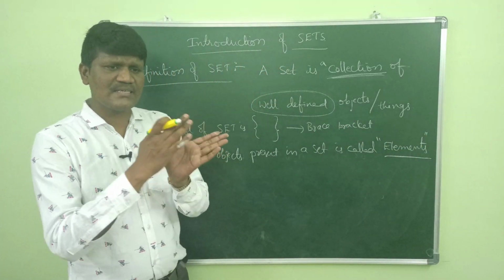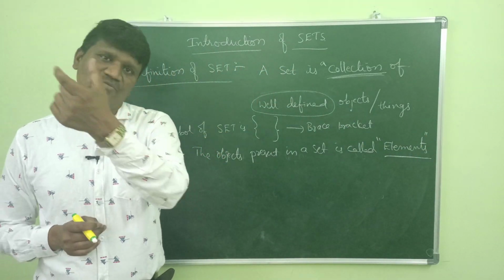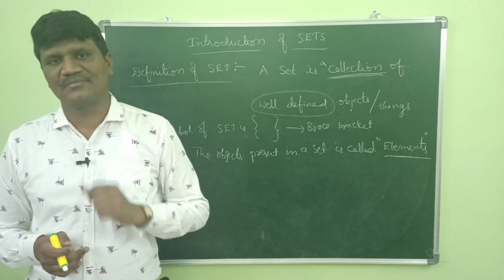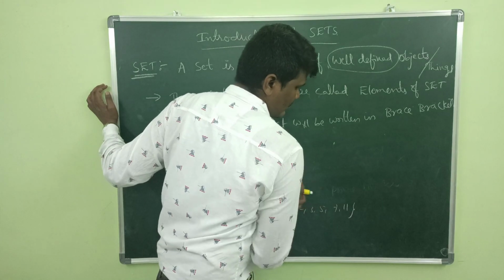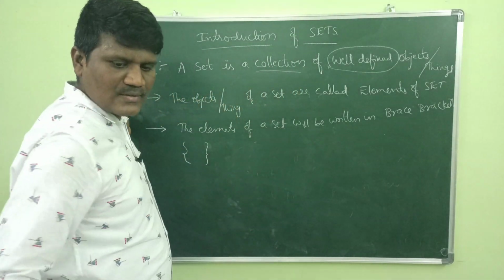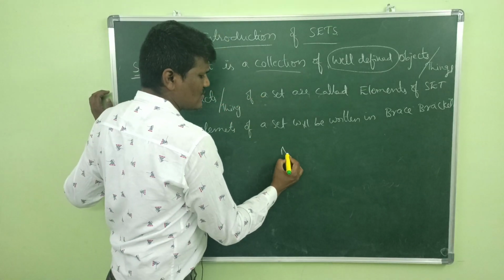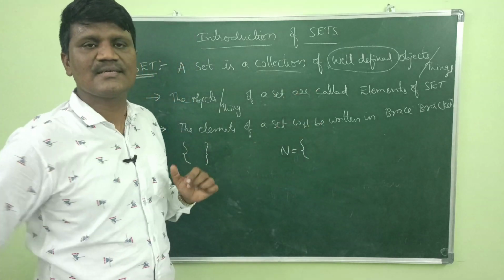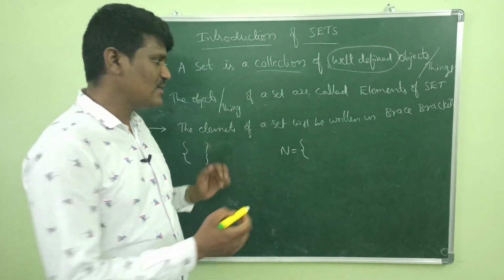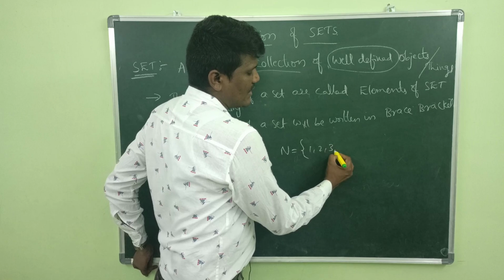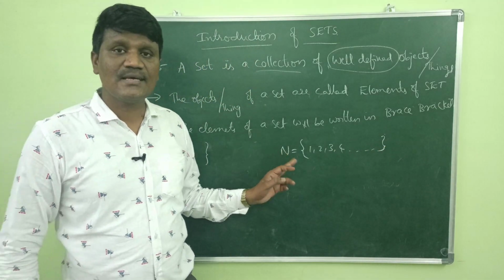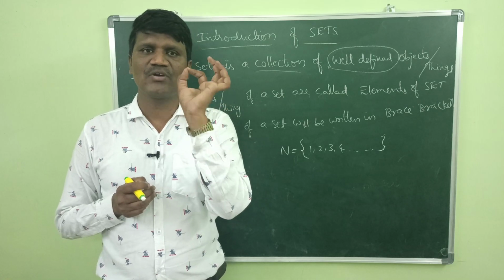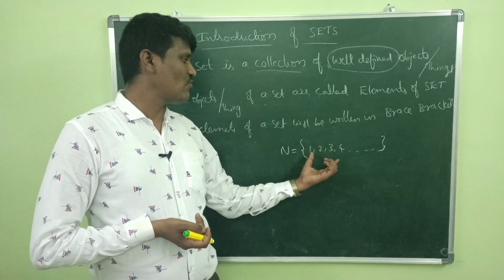Suppose I write A is equal to {1, 2, 3, 4}. 1, 2, 3, 4 are called elements, right? Suppose I write N, what does N mean? Natural numbers. N is nothing but 1, 2, 3, 4, and so on. This is the set of all natural numbers.